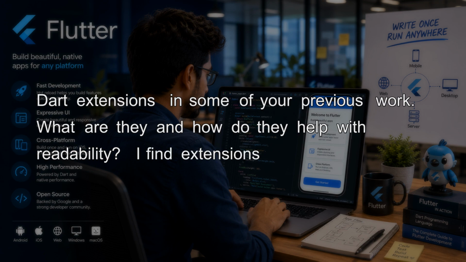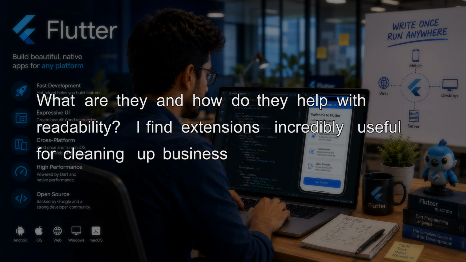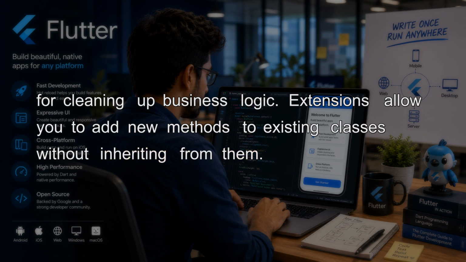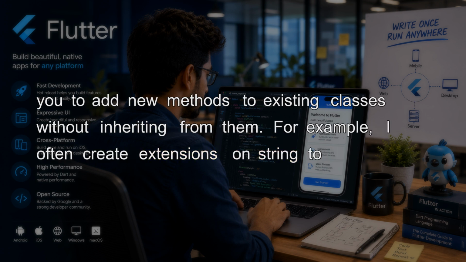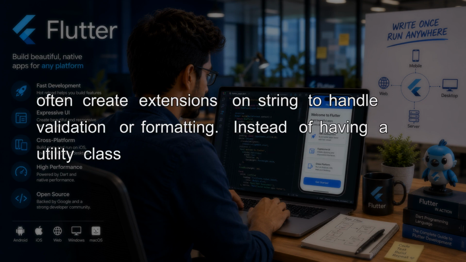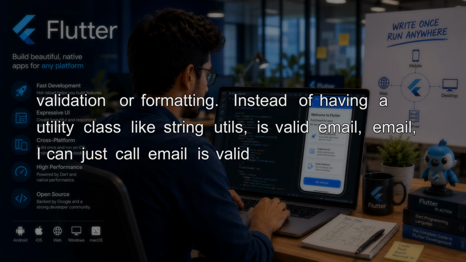I find extensions incredibly useful for cleaning up business logic. Extensions allow you to add new methods to existing classes without inheriting from them. For example, I often create extensions on string to handle validation or formatting. Instead of having a utility class like StringUtils.isValidEmail, I can just call email.isValidEmail.